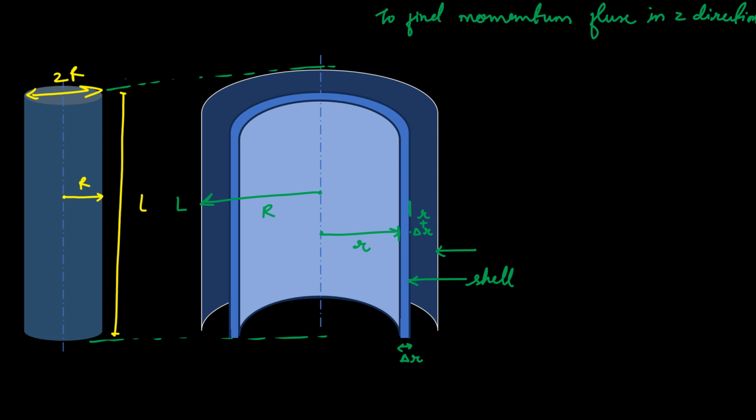This is the tube wall. Now fluid is flowing in z direction, so Vz is my velocity. No flow in r or theta direction, so Vr and V theta are equal to 0.